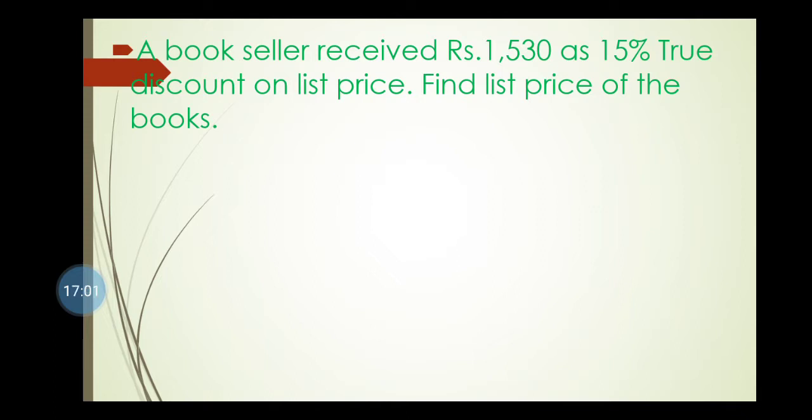A bookseller received rupees 1,530 as 15% true discount on list price. Find the list price of the books. The meaning of this question is that for a particular list price of the books, a bookseller received 15% true discount, and the amount of 15% true discount is 1,530.